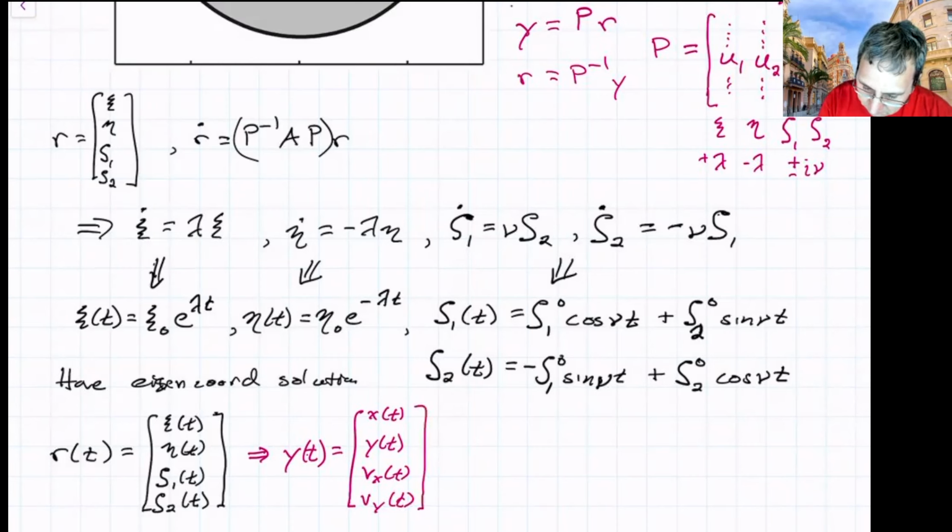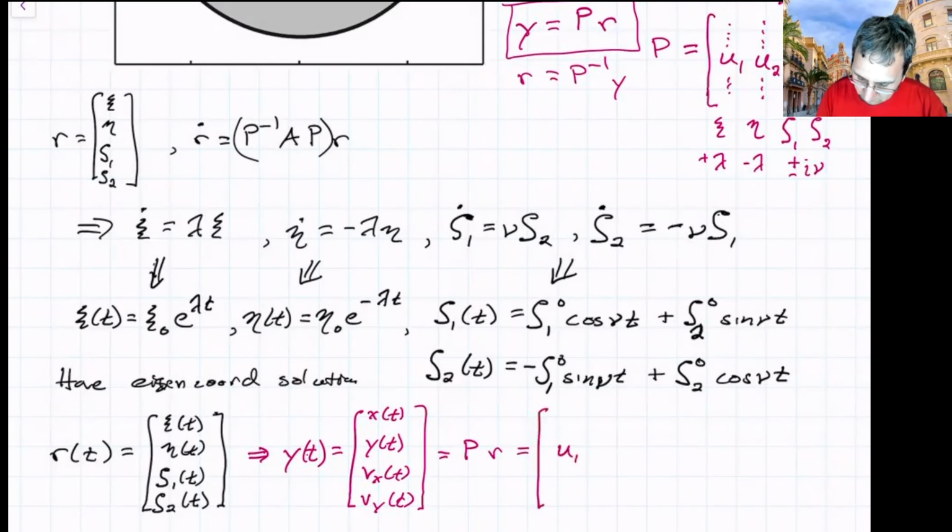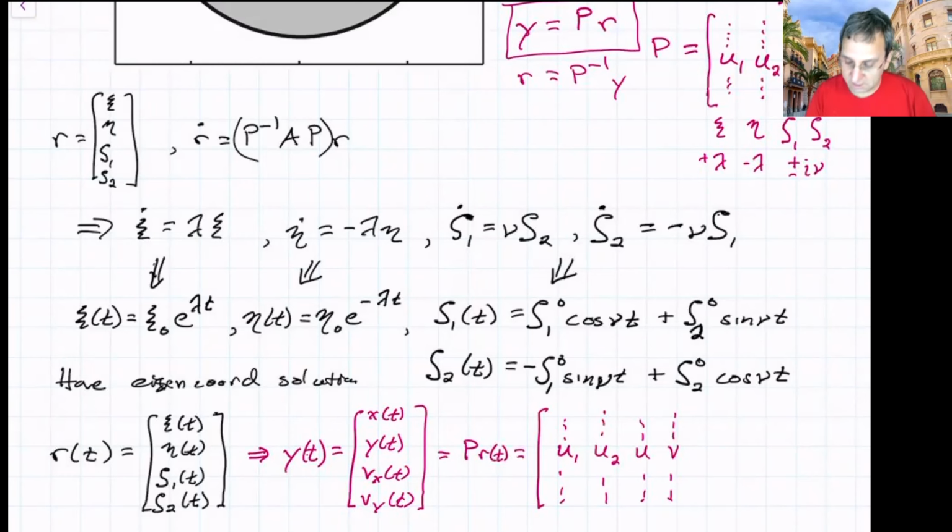And looking up here, what's the relationship between y and r? So the original variables and the eigen variables, it's just this matrix P, which was what? U1, U2, U, and V. And let me emphasize, we've got R as a function of time here. P is constant. It doesn't change in time. So that's the P matrix.